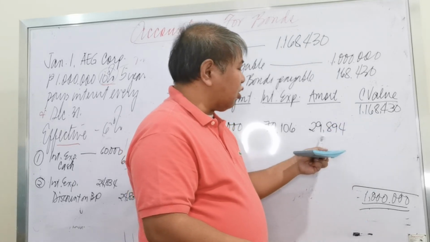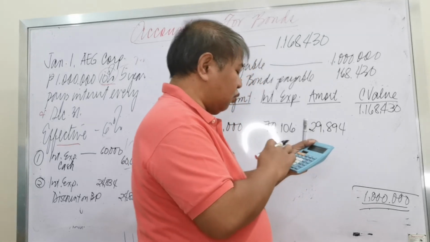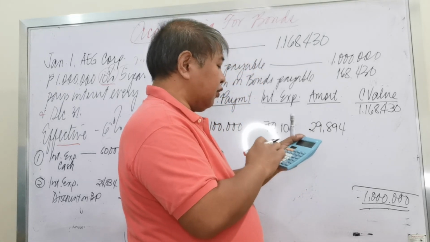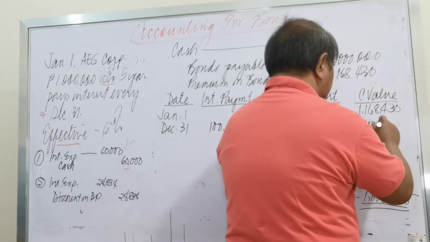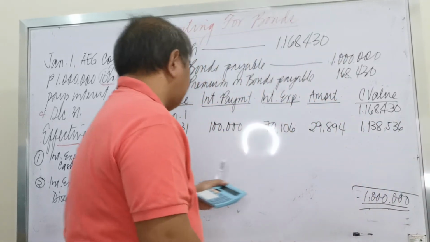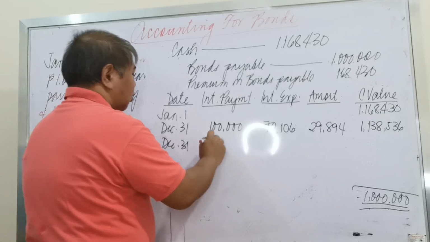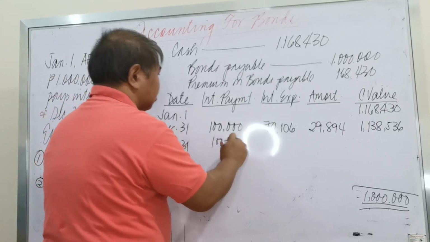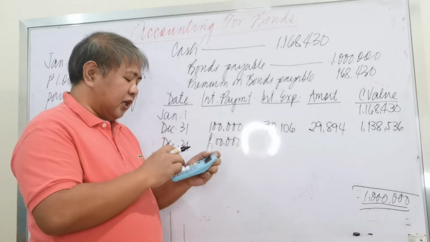So what we're going to do is we are going to deduct the amortization. Okay? So minus 1,168,430. So this becomes 1,138,536. Okay? And then again on December 31, 100,000 in terms of interest payment, that is the nominal.